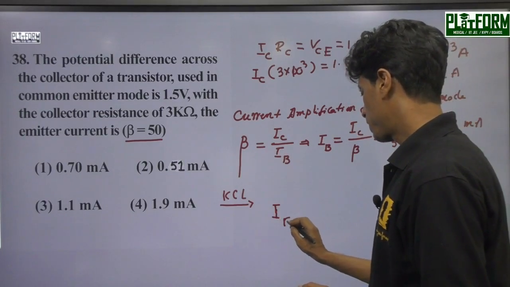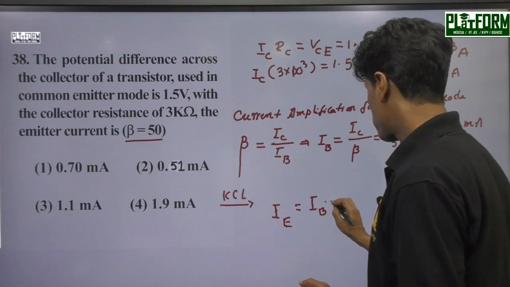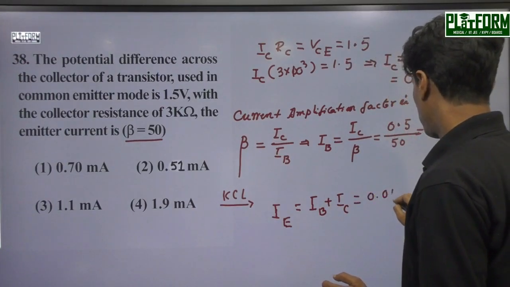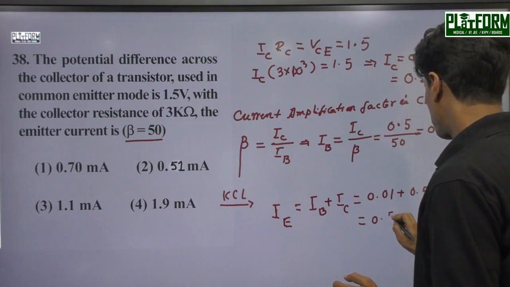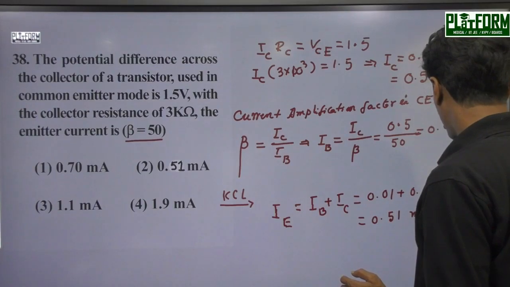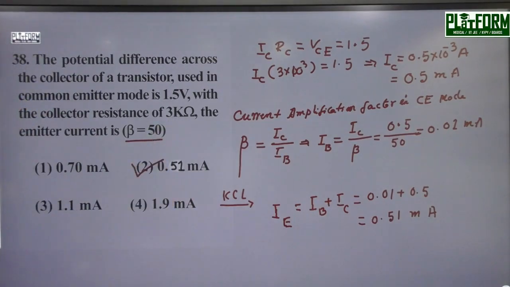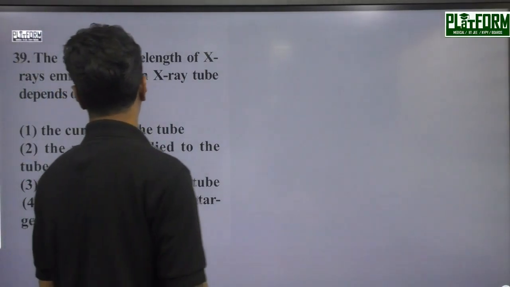So therefore emitter current is equal to base current plus collector current, and it is already calculated as 0.5, and finally the result is 0.51 milliampere. The right option here is 2. Hope you are understanding what I am discussing here. Next problem, the shortest wavelength X-ray emitted from an X-ray tube.